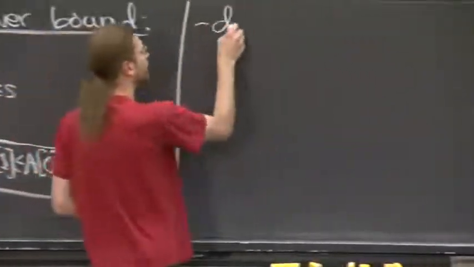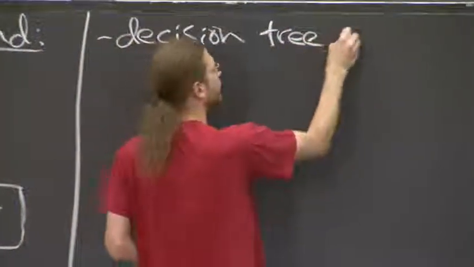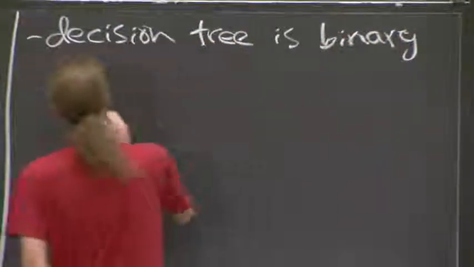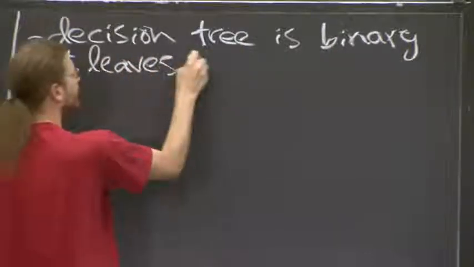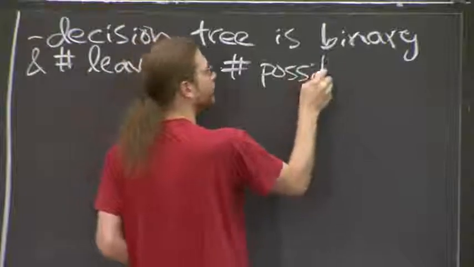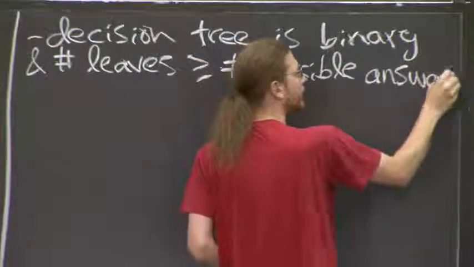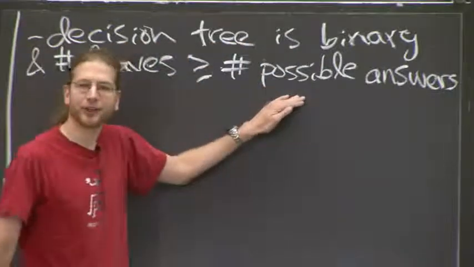Because the decision tree is binary, and the number of leaves has to be at least the number of possible answers. Could be more because each answer could appear in several leaves, and it probably will in a typical sorting algorithm.